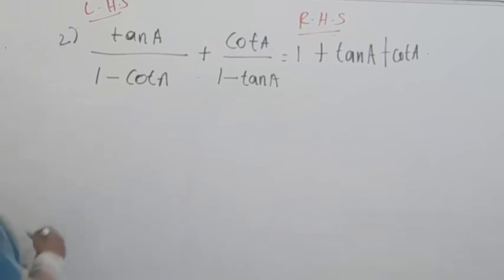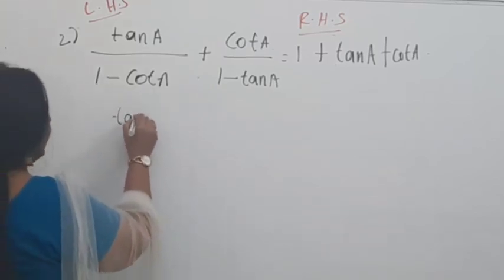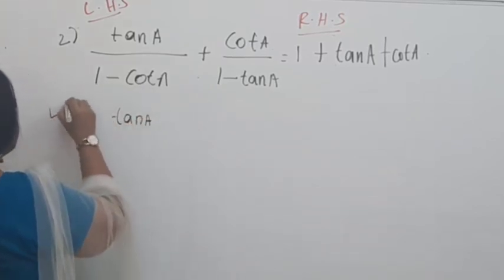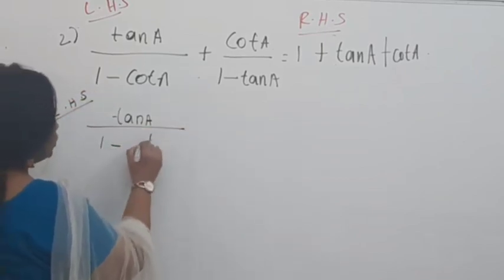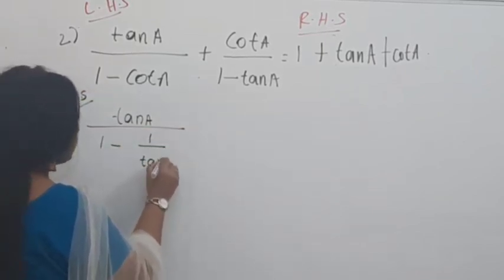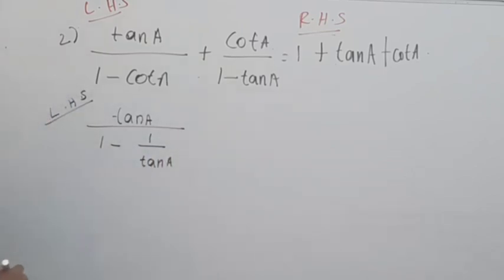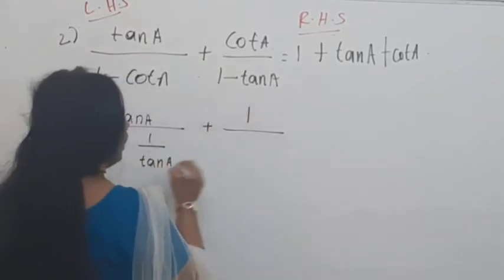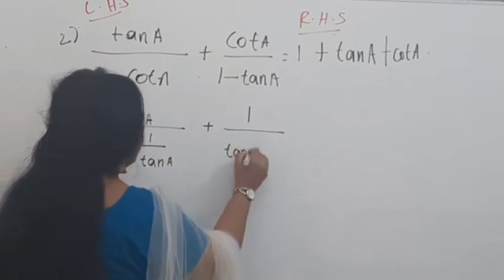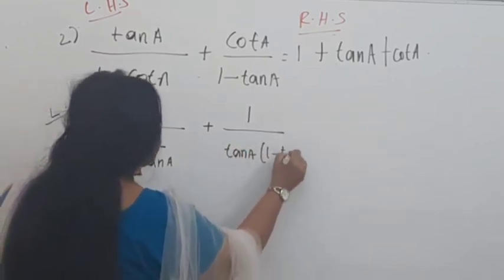Now I am going to write this as tan A by 1 minus cot A, my LHS, plus cot A by 1 minus tan A. You know that cot A is 1 by tan A. Why?